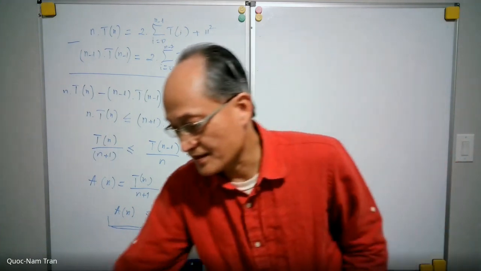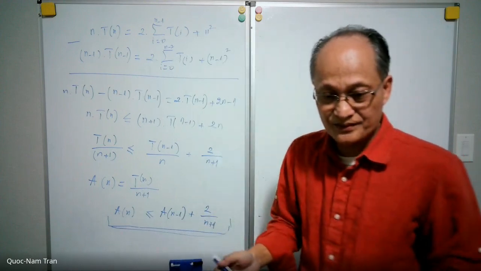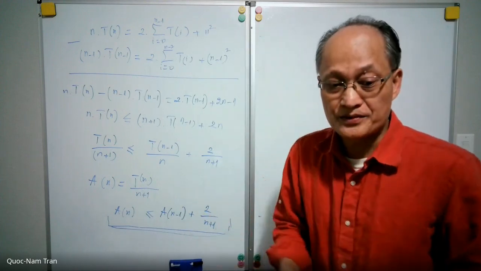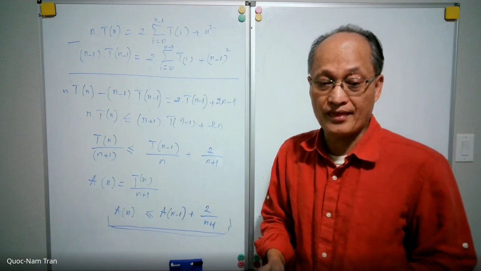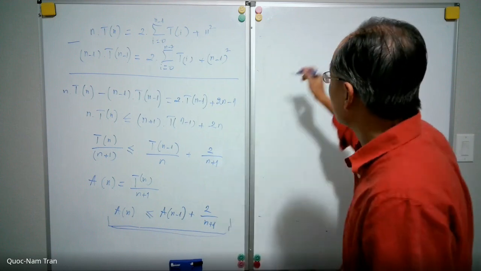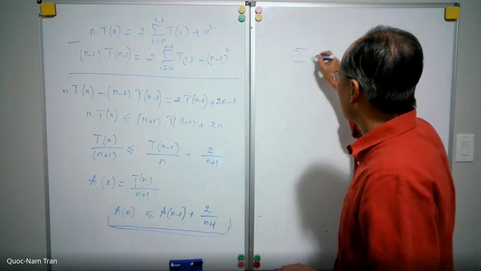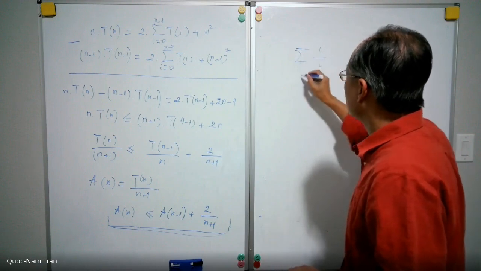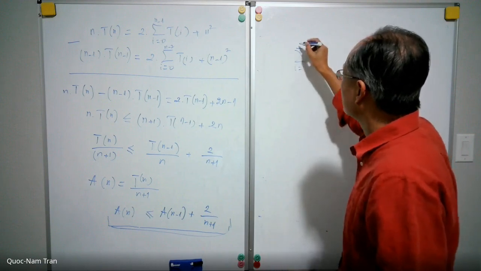In order to solve this, I ask you to check your knowledge of discrete math. What is the sum of 1 over i for i from 1 to n?